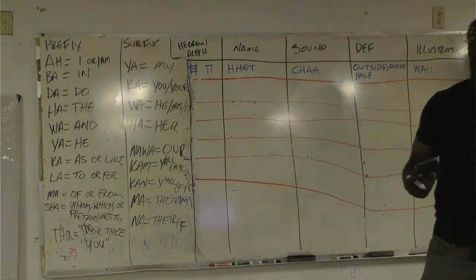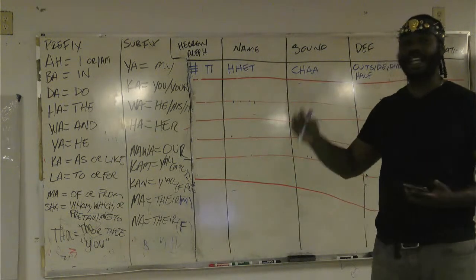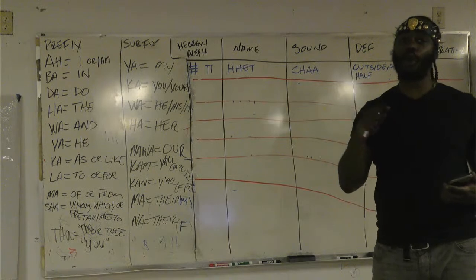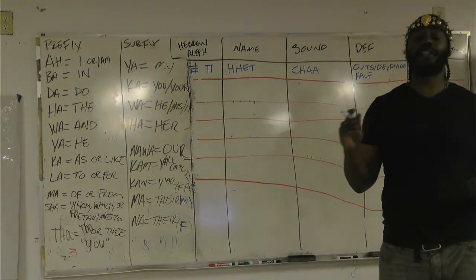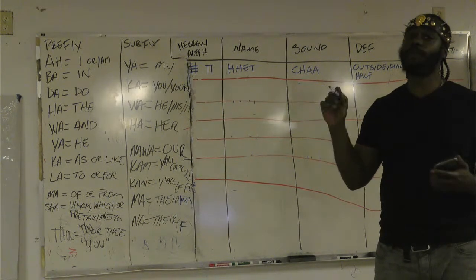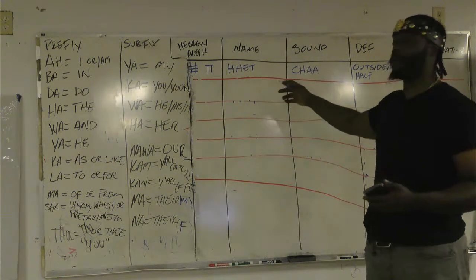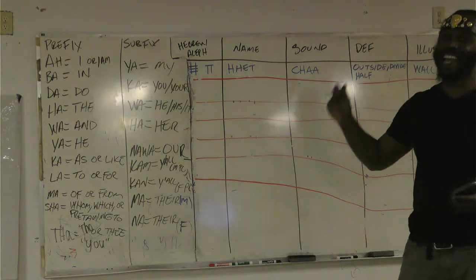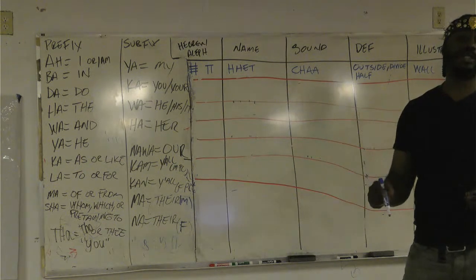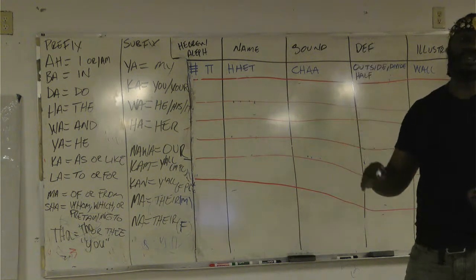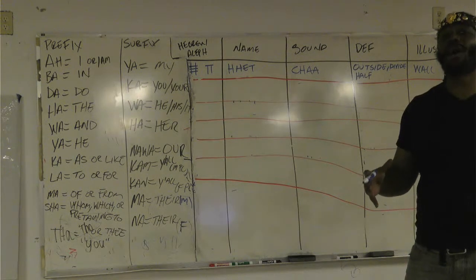But within the words, if I took a sentence in Hebrew and broke down every word, that sentence would mean exactly what I broke down in the words in Hebrew. That's how heavy this language is. There are so many layers to it. That's why it's so powerful.